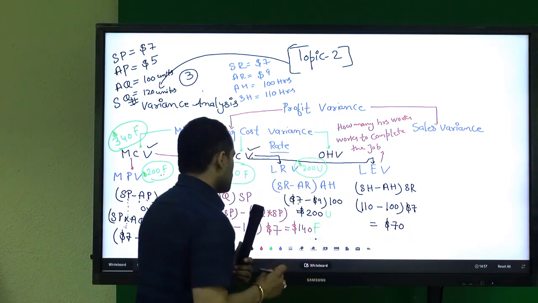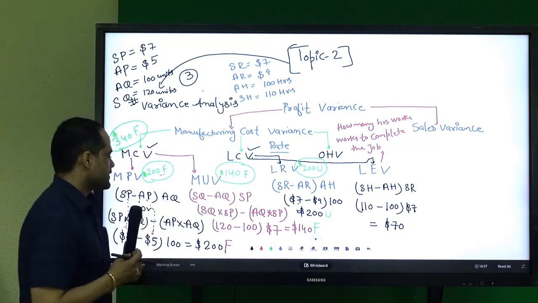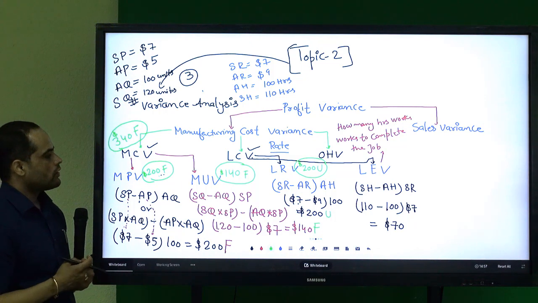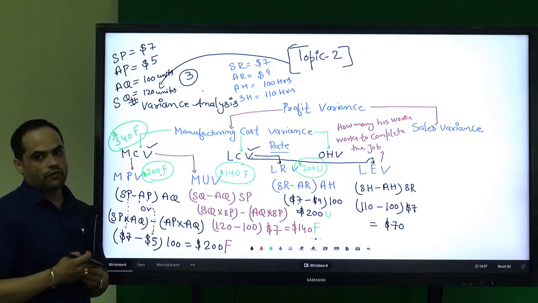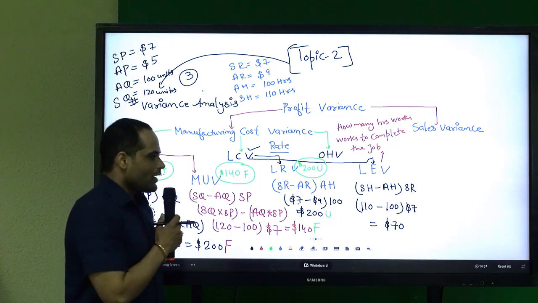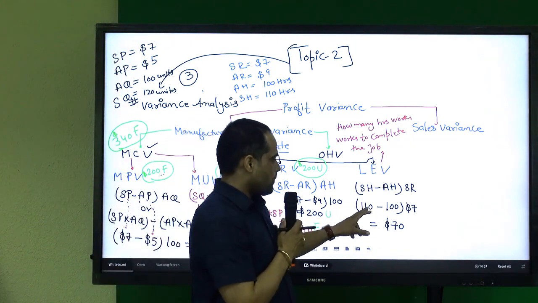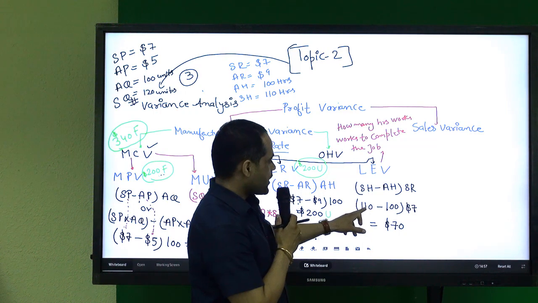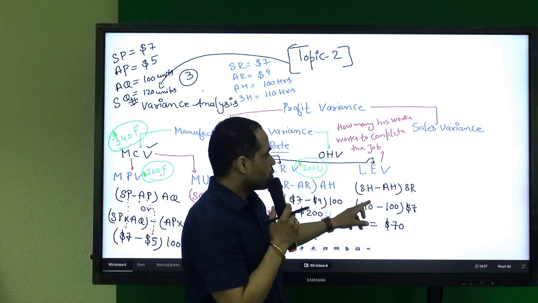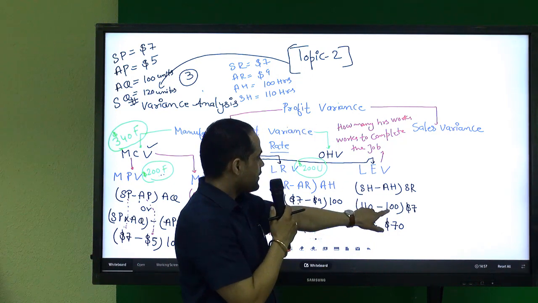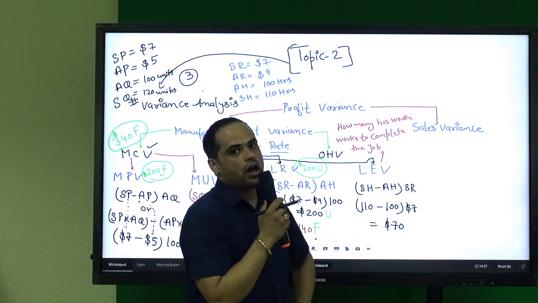Now the question is, is it favorable or unfavorable? Let's check. I was planning that my worker will take 110 hours to complete the job, but actually they are taking 100 hours.